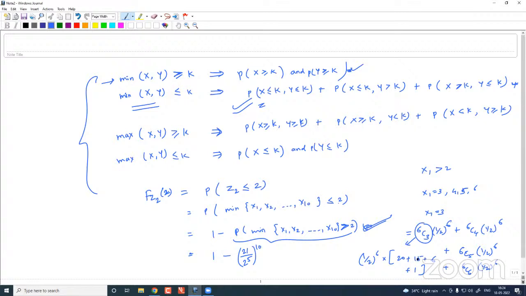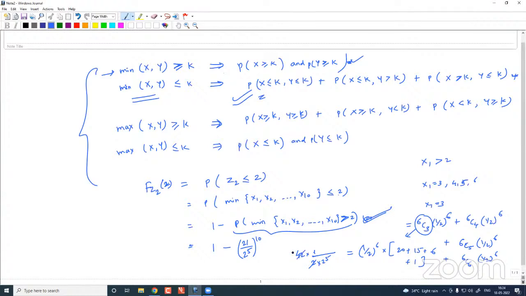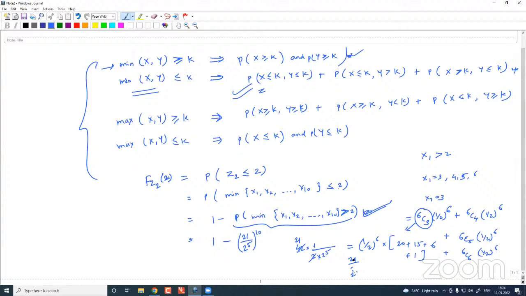So 20 plus 15 is 35, plus 6 plus 1, 42. So this is 42 into 1 upon 2 to the power 6. 2 to the power 6 I can write as 2 into 2 to the power 5, so it is 21 divided by 2 to the power 5.